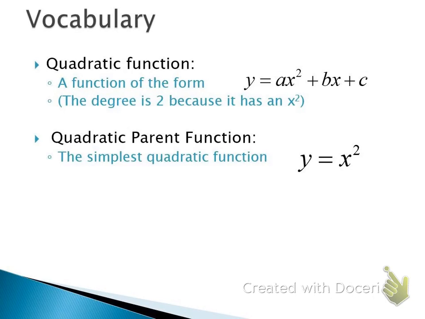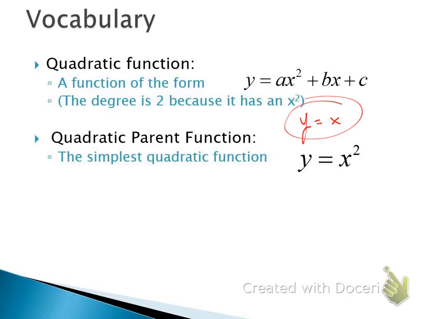Every family of functions has a parent function, which is the simplest function in the family. For our linear functions, the lines we've been graphing lots and lots, the parent function is just y equals x, where the slope is 1 and the y-intercept is 0.